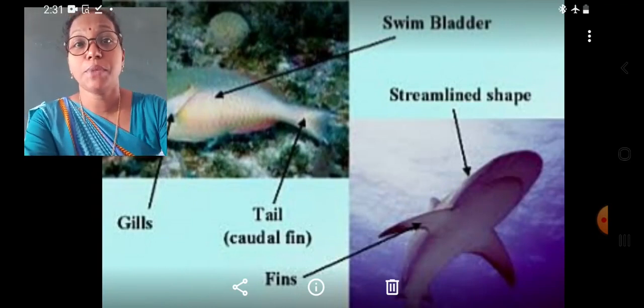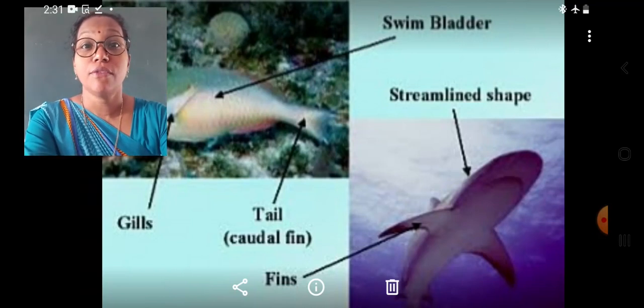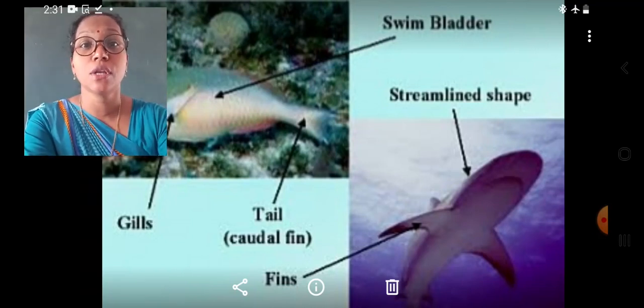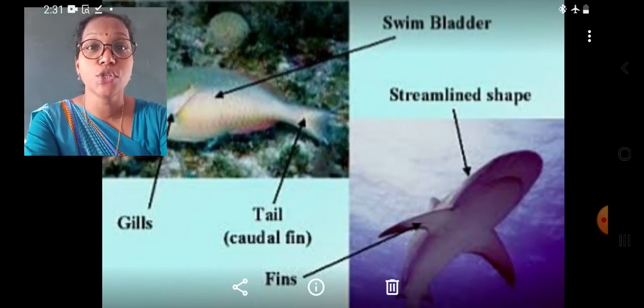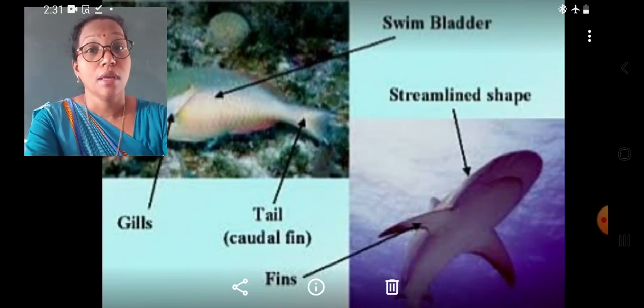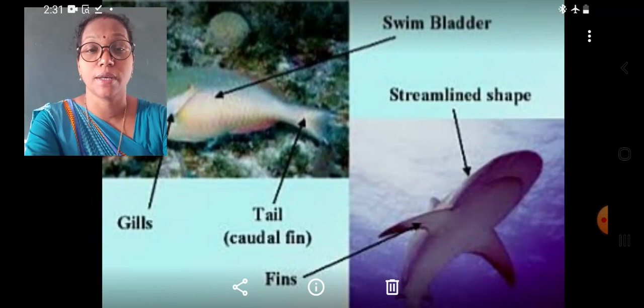The next adaptation of a fish to live in the water is a swim bladder filled with air. The swim bladder helps the fish to stay afloat in the water. The streamlined or the spindle shape helps the fish to move with least resistance in water.